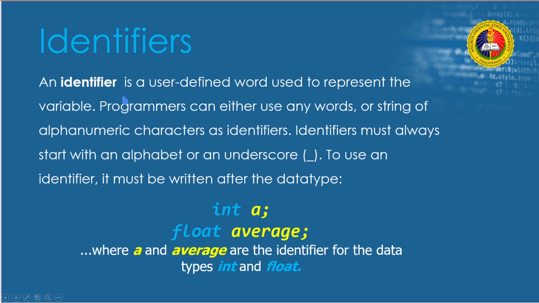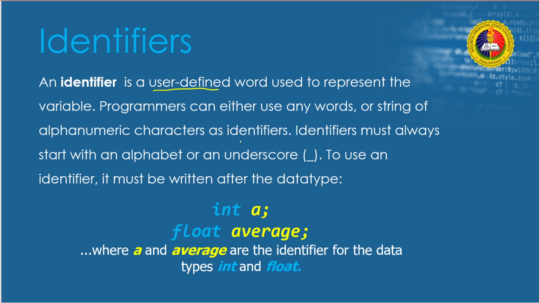So the first step is to define the data type, and after that we're going to declare the identifier. It is user-defined, meaning the user decides what they want to put as the identifier. Programmers can either use any words or string of alphanumeric characters as identifier.